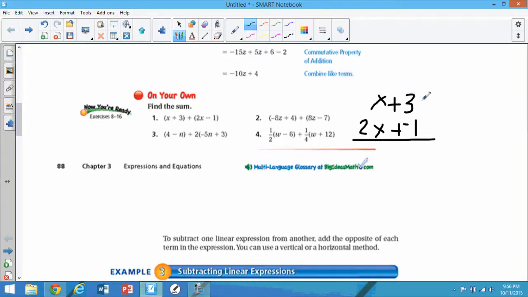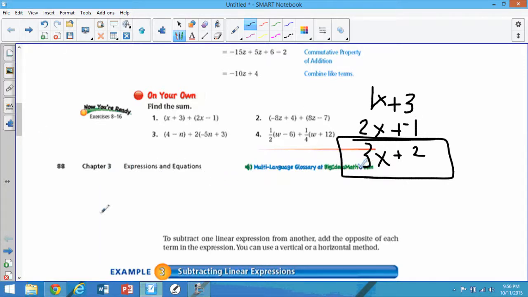Now I add my constants, my numbers. So 3 plus a negative 1 is 2, because the signs are different, so we subtract, plus, and then 2x plus, again, remember, there's an invisible 1 there. 2 plus 1 is 3x. So our answer is 3x plus 2. Okay, if you got that right, wonderful.